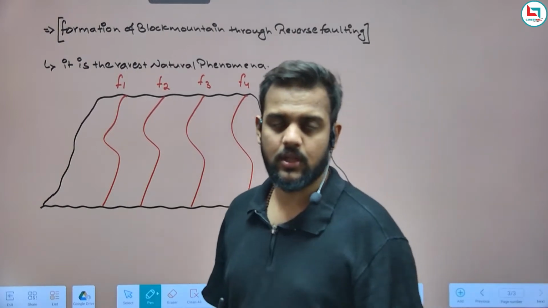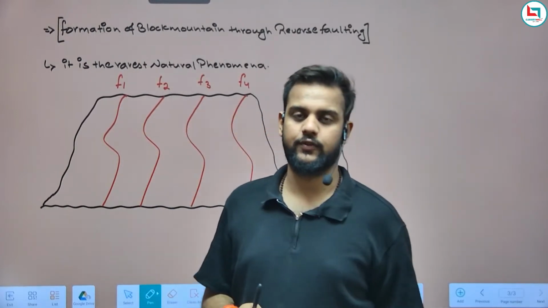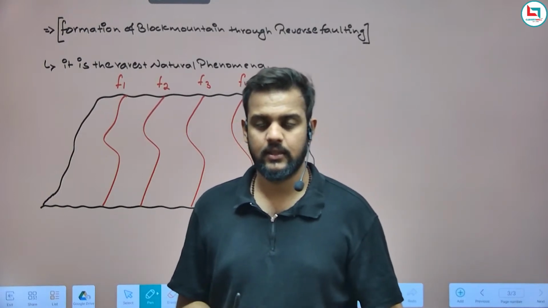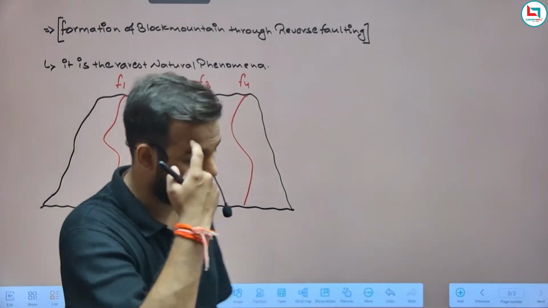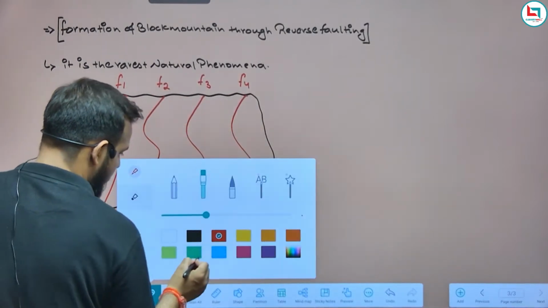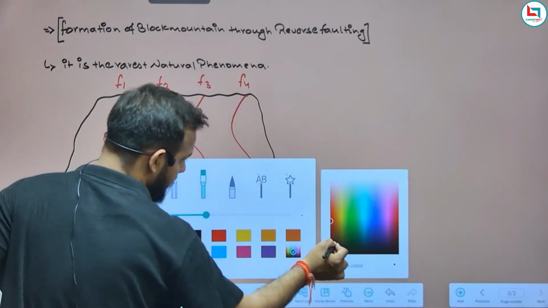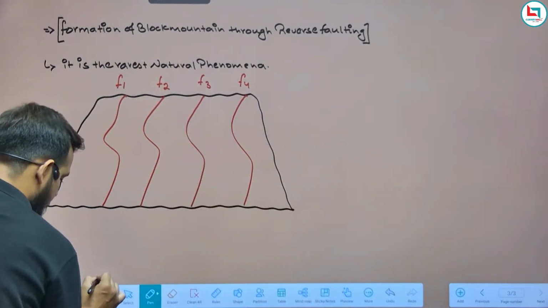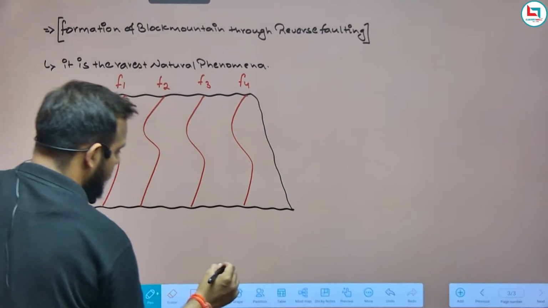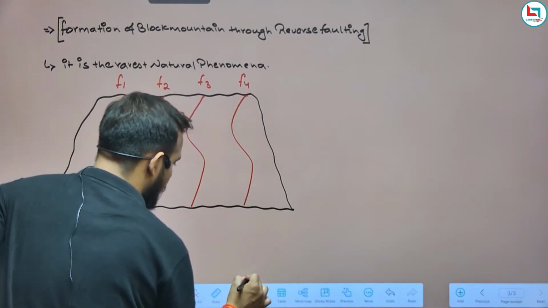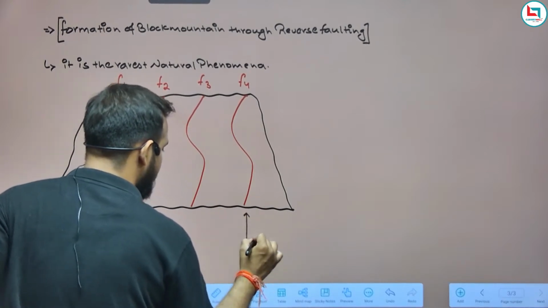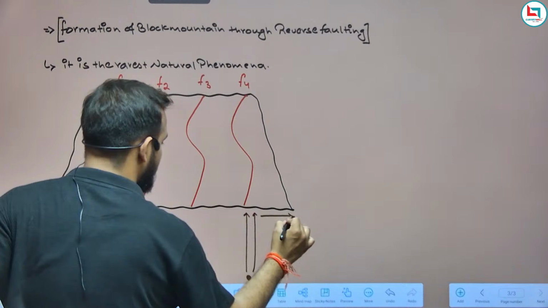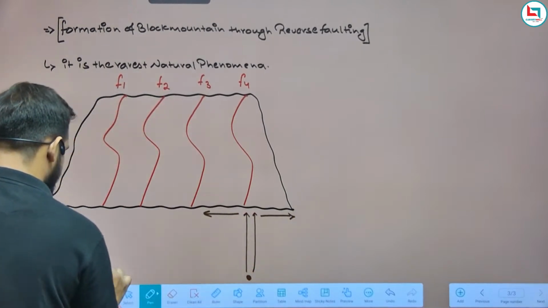The second condition that should be fulfilled for the reverse faulting process is that the mantle plume should be present in the corner. So it should be here, beneath F1 and F4. The mantle plume will exert the epeirogenic and orogenic force like this.